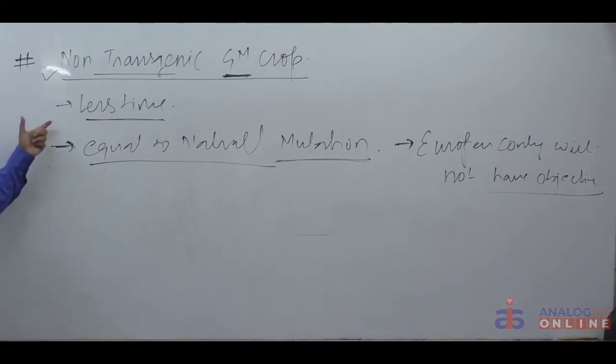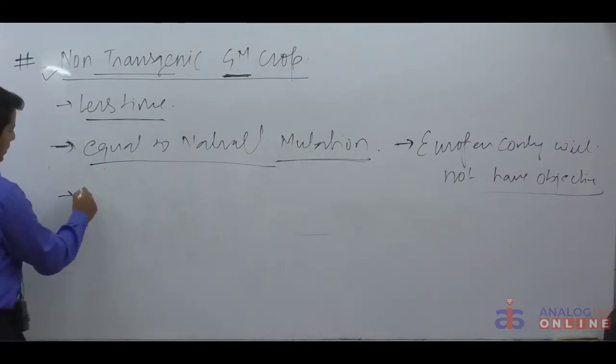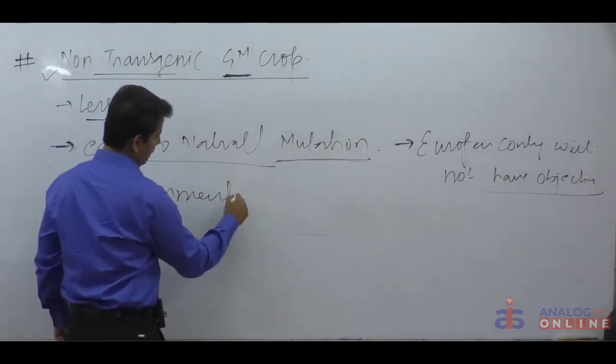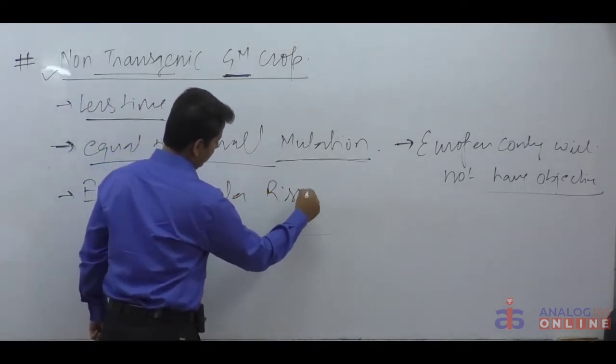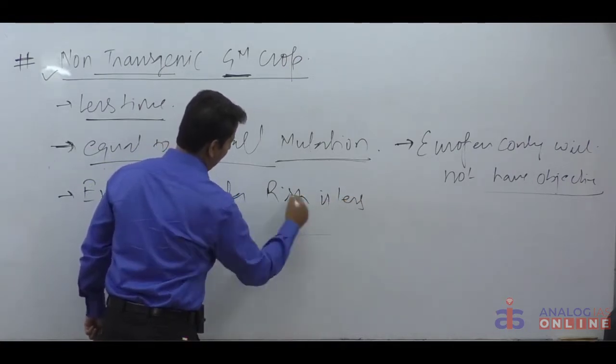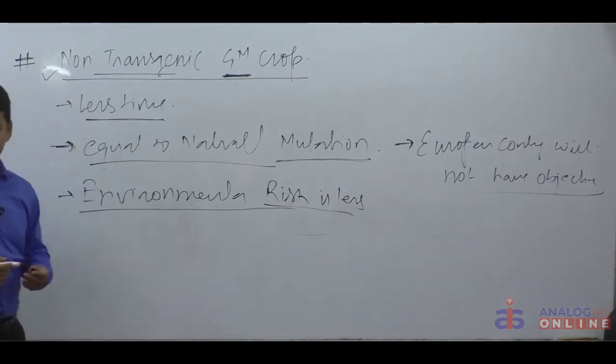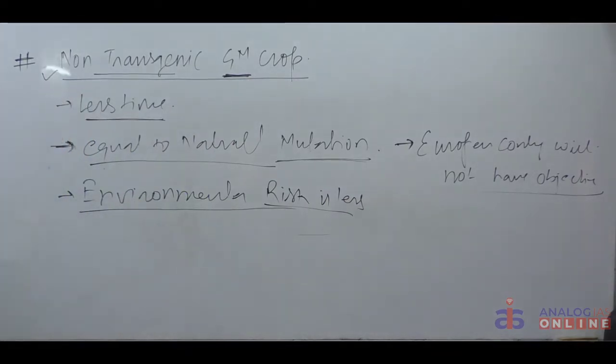So this is how, and obviously the environmental risk is less. Now, how to approach this? I mean, if something comes around this, then how are you going to do it?